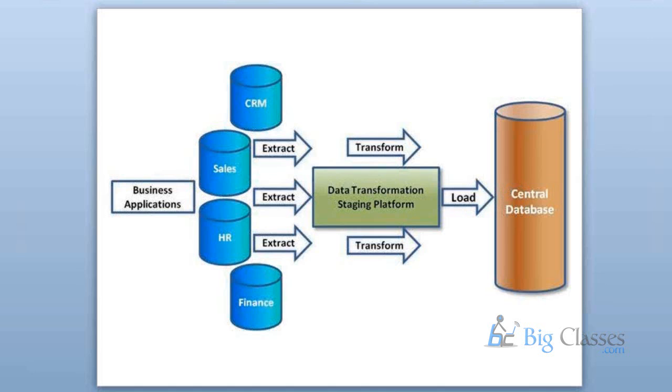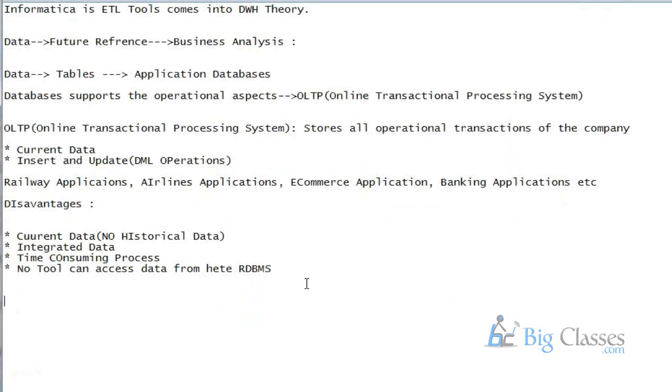So the data warehouse is again an RDBMS, which means it stores the data in the form of tables. The data warehouse is nothing but a relational database management system, which is useful for analyzing the business operation.